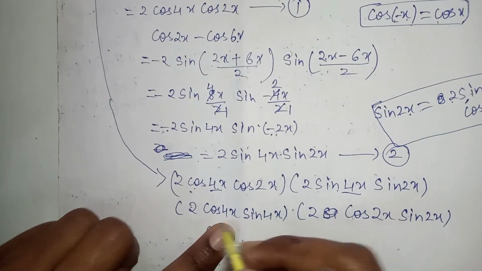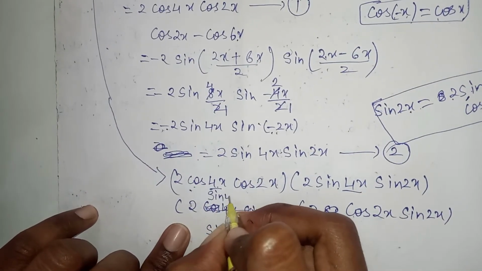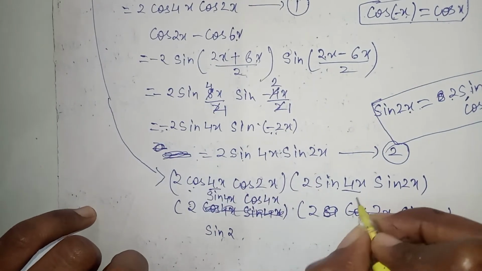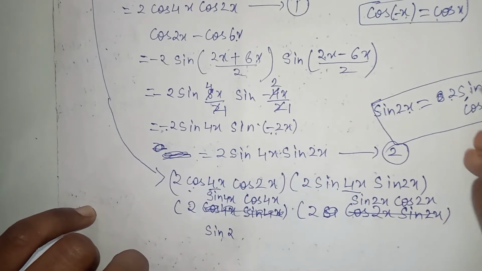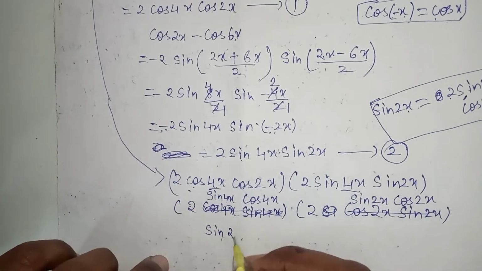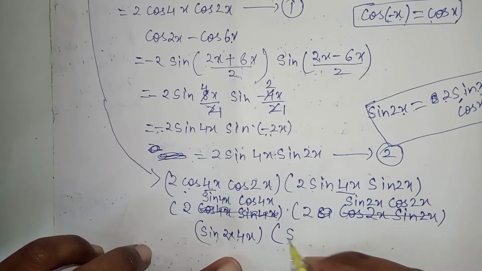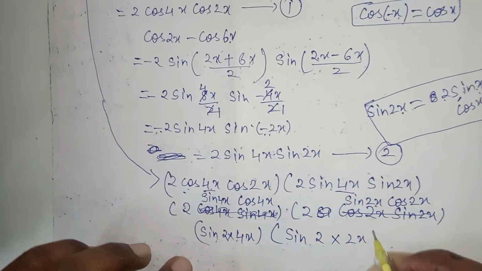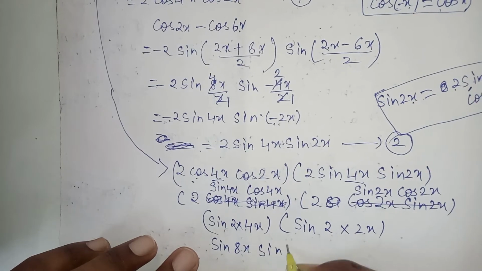So I have written somewhat interchanged. I'll write over here: sin 4x cos 4x. Same here also: sin 2x cos 2x. So in place of x is 4x, so sin 2 into 4x. Again sin 2 into, in place of x, 2x. So sin 8x sin 4x.